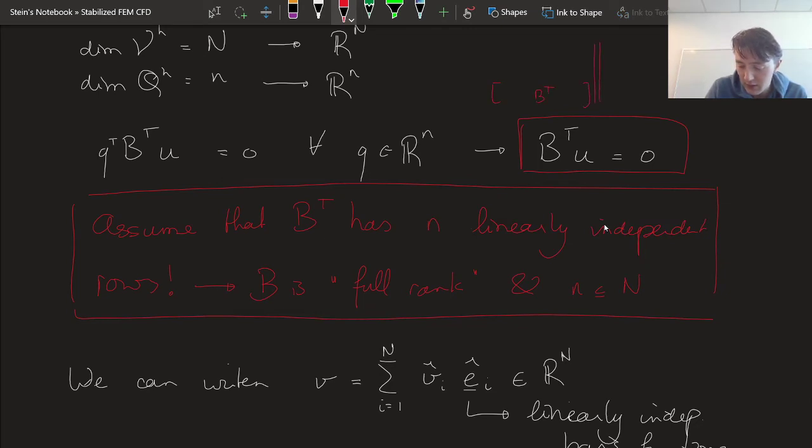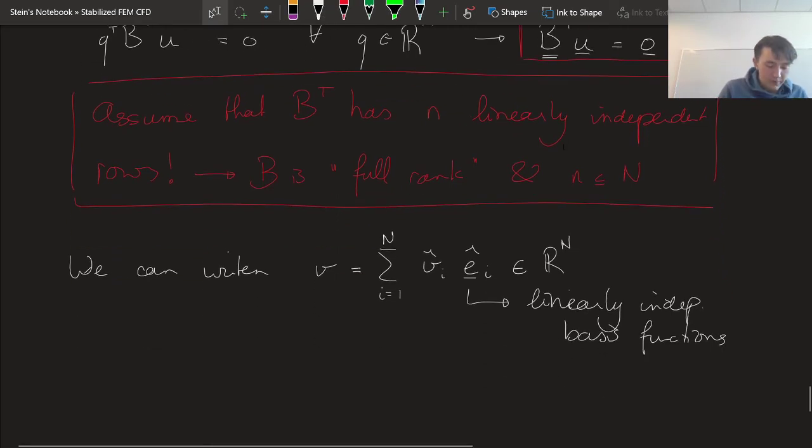BT times U, and that's got to be equal to 0. So there's going to be how many constraints? Well, there's going to be as many as there are rows here. And those are n, right? So this has n linearly independent rows, which means that there's going to be n linearly independent constraints, right? Every multiplication of a row by u is going to give me a new constraint.